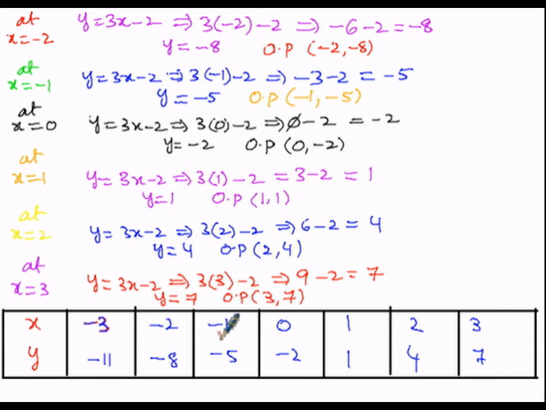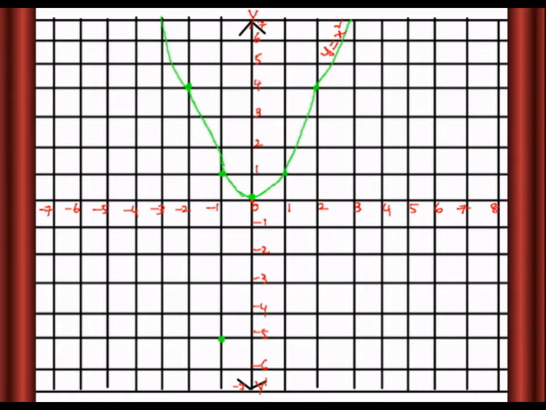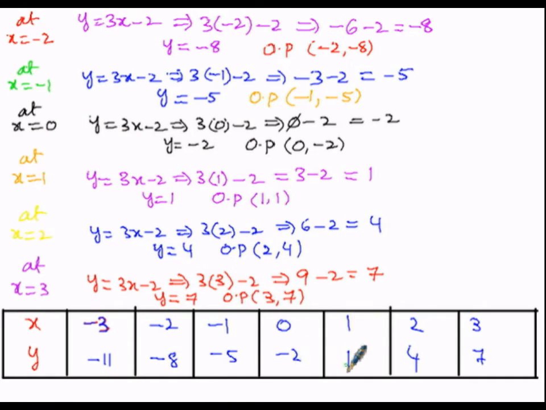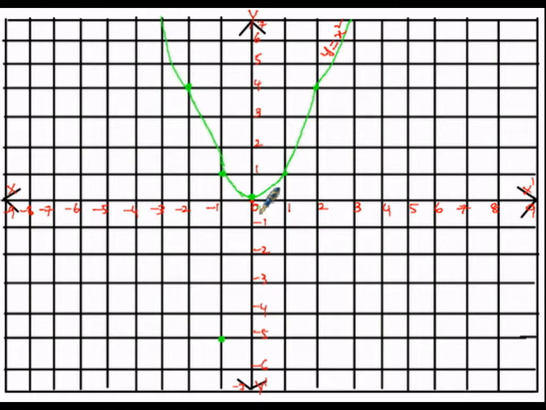Then -1, -5 is here, and the next one is 0, -2 and then 1, 1. So here the same point 1, 1.